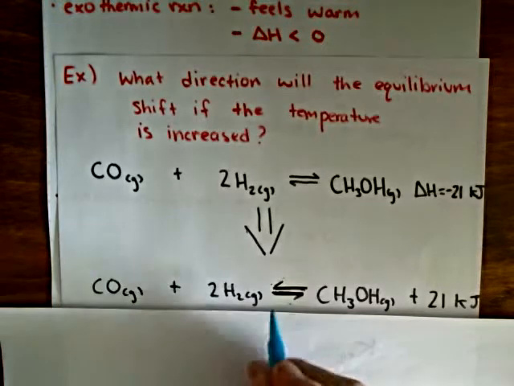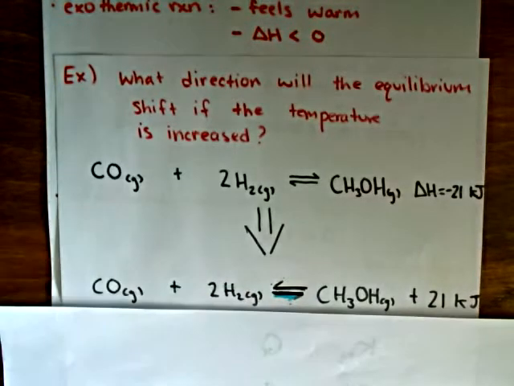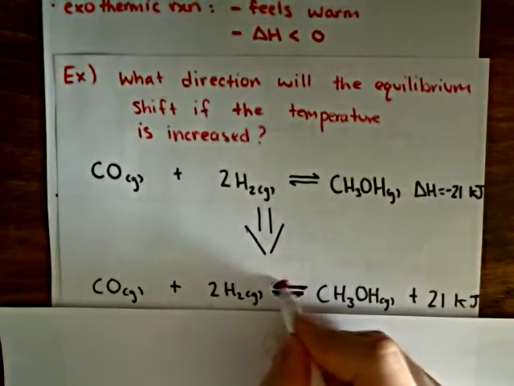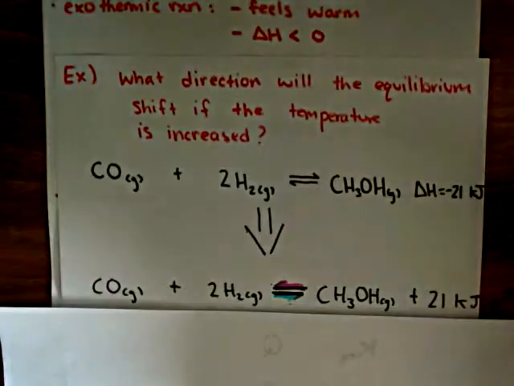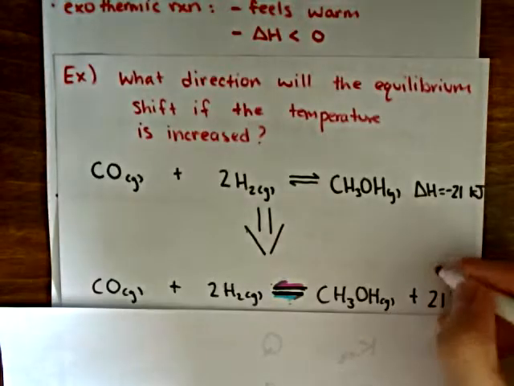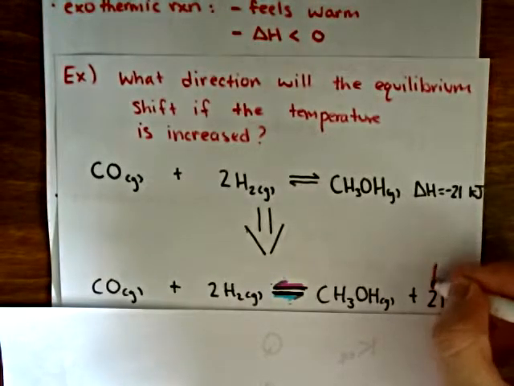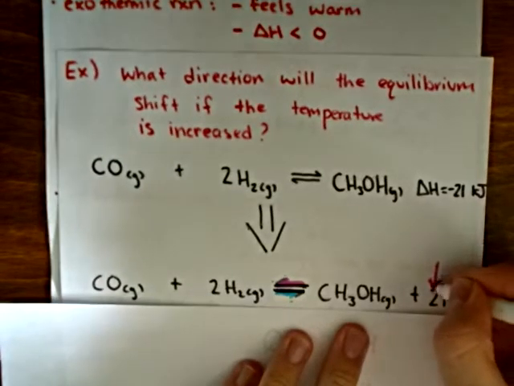I color the bottom arrow blue, and I color the top arrow red. And we're told that the temperature is being increased. So I think of it as adding more warmth. Okay?